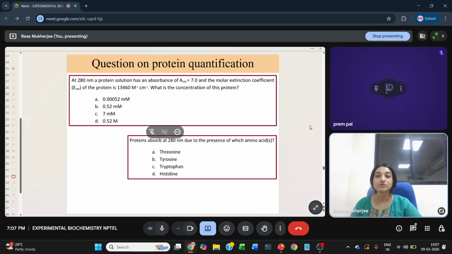Okay. So at 280 nanometer, a protein solution has an absorbance of A280 equals 7 and the molar extinction coefficient epsilon 280 of the protein is given. What is the concentration of the protein? Now do this calculation and I'll be back in a minute.